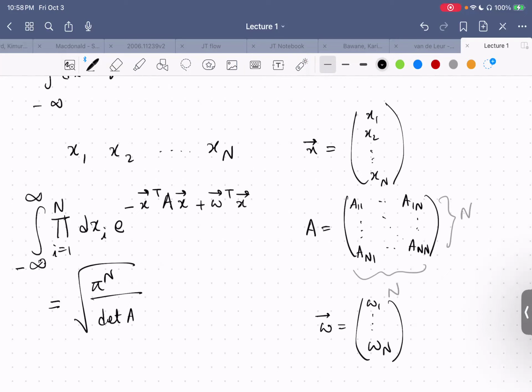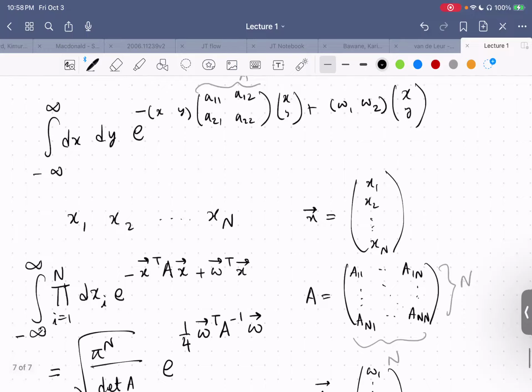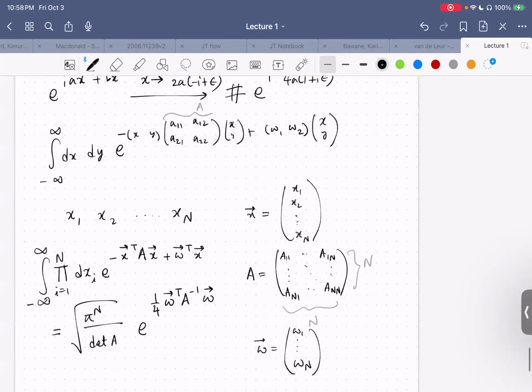And then, okay, so let's compare this formula with the one that we had previously.